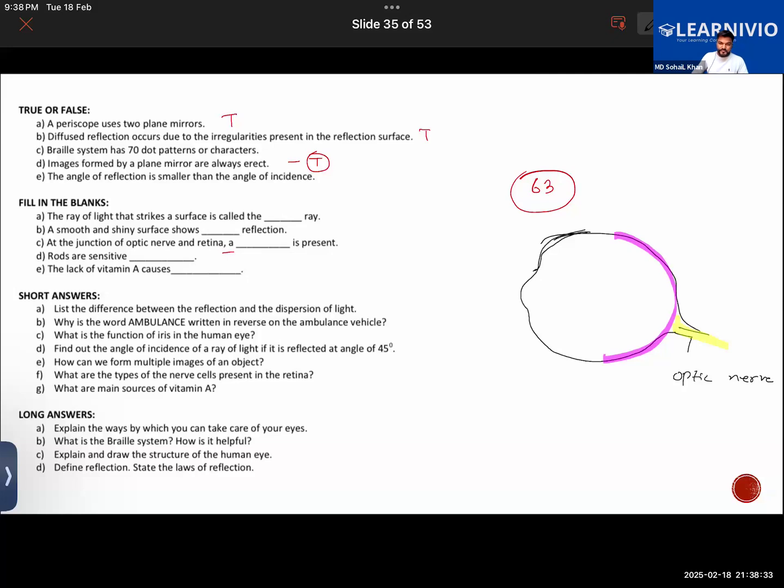Isn't it blind spot? Yes. The place where the optic nerve leaves the eye meets the retina. There the rod or cone cells are not present. So if rays of light fall at this point, no image will be formed. So that is the blind spot. Next. Dim light. Next.